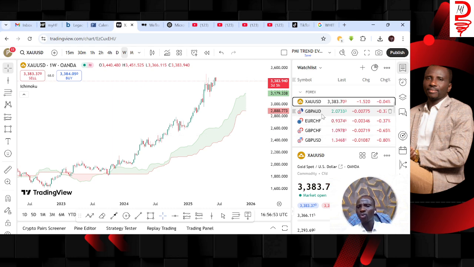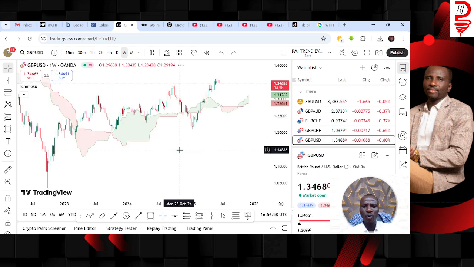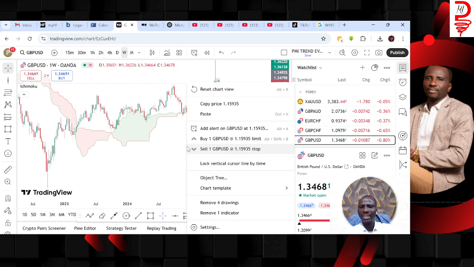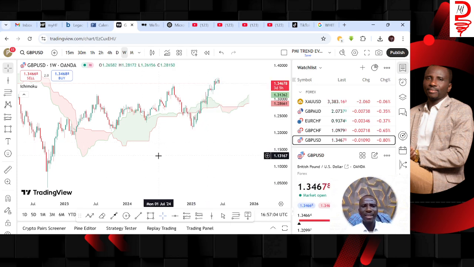Let's say we want to look at maybe GBP USD. Suppose you want to trade GBP USD, you can see once you open the asset and you activate. Of course, let's even say that the tool is already activated. Once you open the asset, in less than 5 seconds you can decide. You just look at the position of the price of that particular asset.